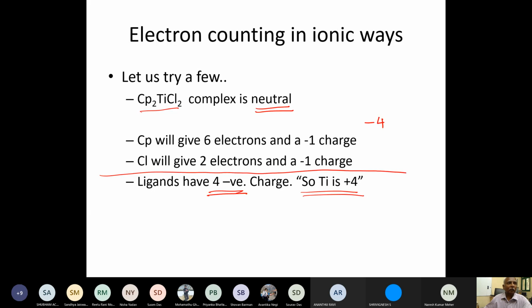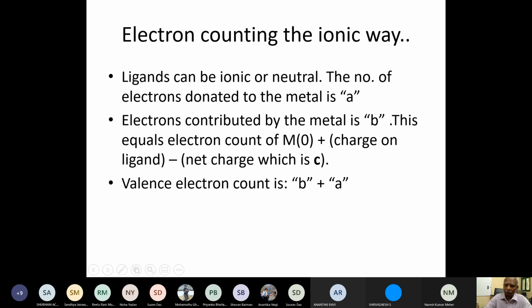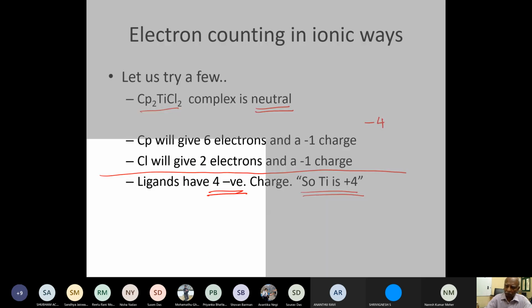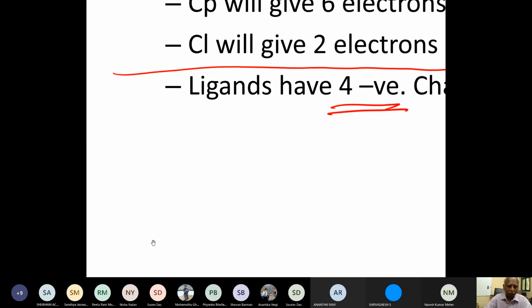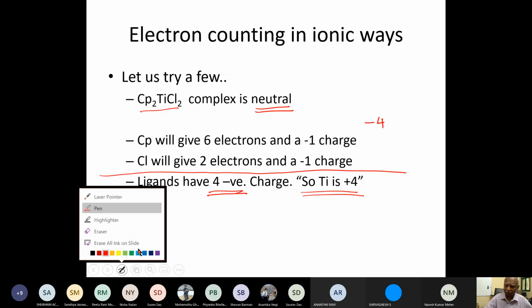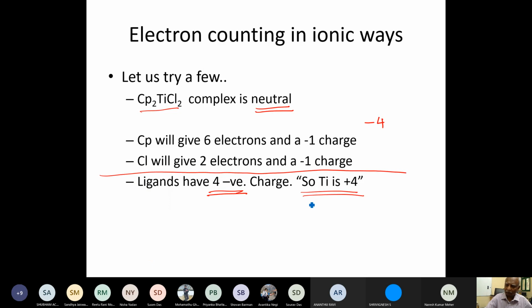So what is happening is the metal gives 0 electrons. Zero electrons are given by this.